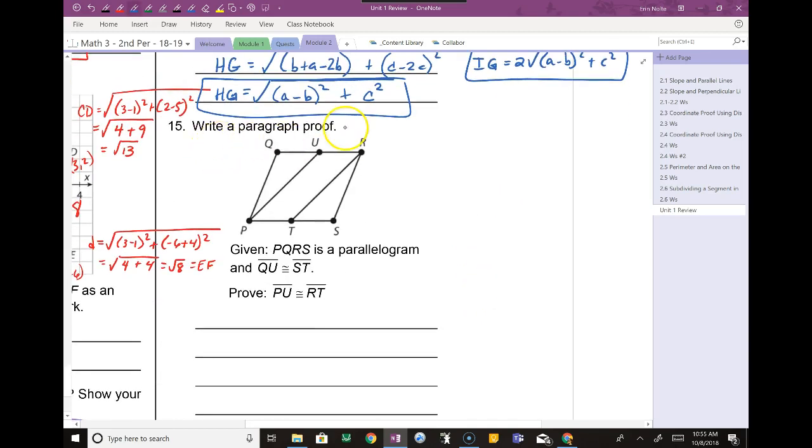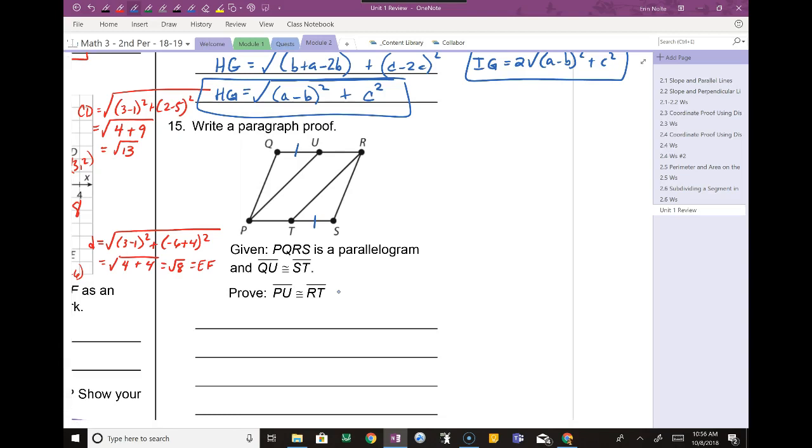So we are working with a parallelogram. PQRS is a parallelogram, and then it says that QU is congruent to ST. And we're going to prove that PU is congruent to RT. Okay, so anytime you're given a proof, you always start with what is given.